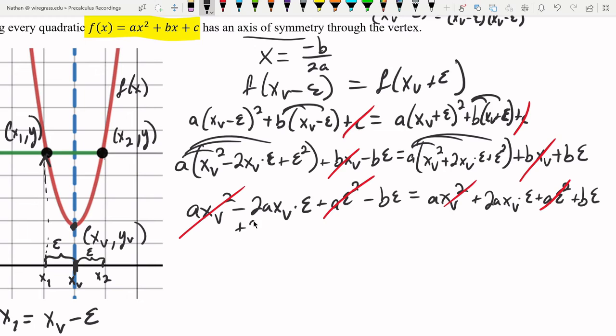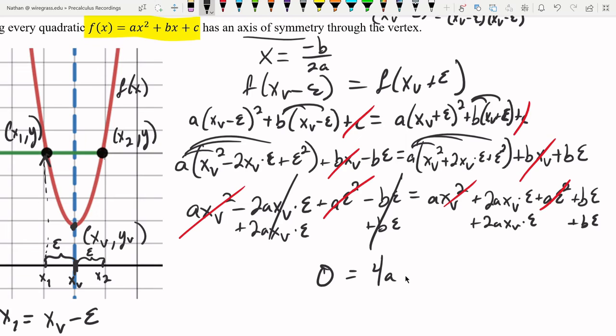I'm going to add these portions over to the other side so I have like terms together. Now we have 0 equals 4a xv times epsilon plus 2b epsilon.